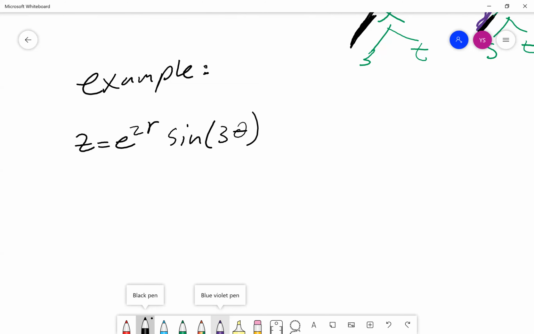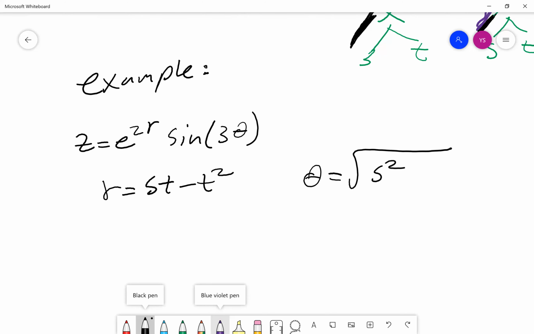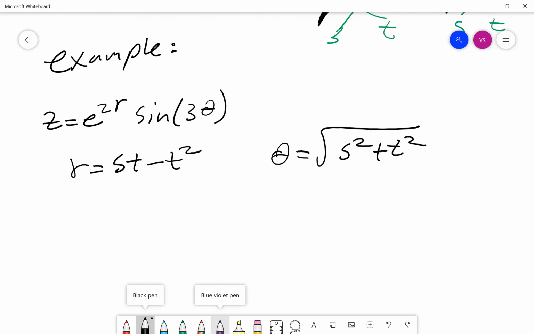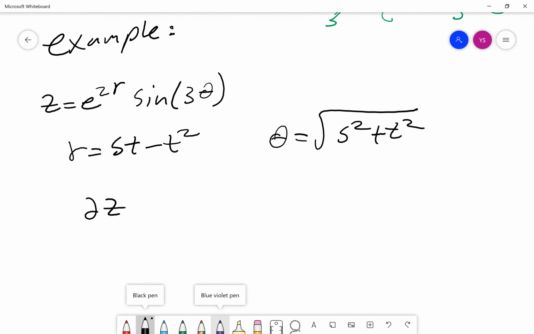And then you're told that your r is equal to st minus t squared, and your theta is equal to the square root of s squared plus t squared. And you're asked to find the partial of z with respect to s and the partial of z with respect to t.